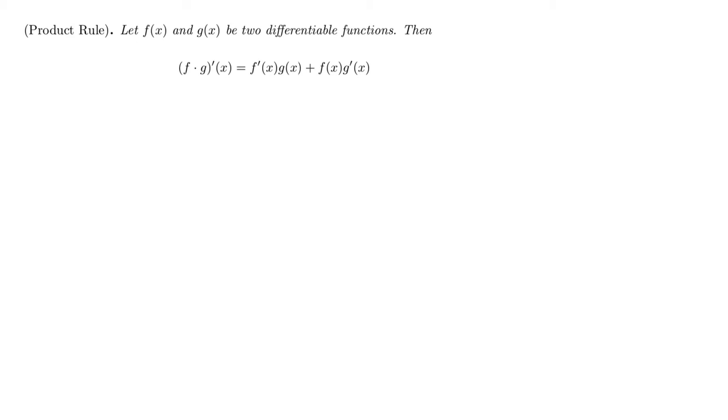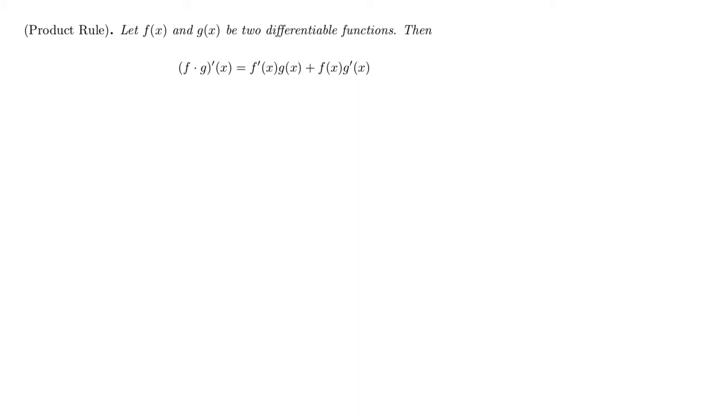And we're also going to have to use something that we mentioned in the last lecture, and you probably just brushed right over: the fact that if a function is differentiable, it is continuous. Okay, so that's going to be important.